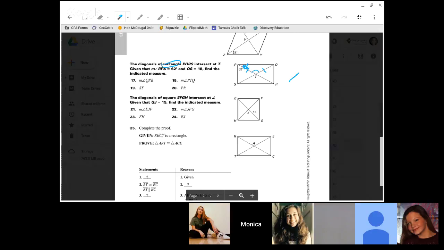So if you have a triangle where your two sides are congruent, what do we know about these two angles down here? Okay, so since those are congruent, we know that this one is also 28 degrees, right? And then what do the interior angles of a triangle add up to? So now can you figure out what that angle is? Okay, good.